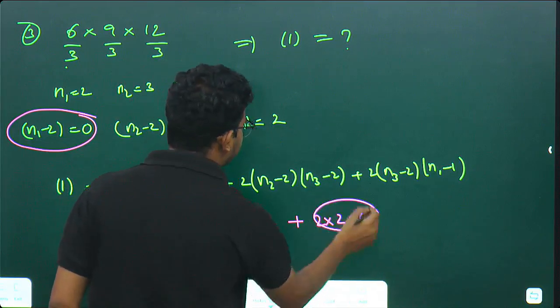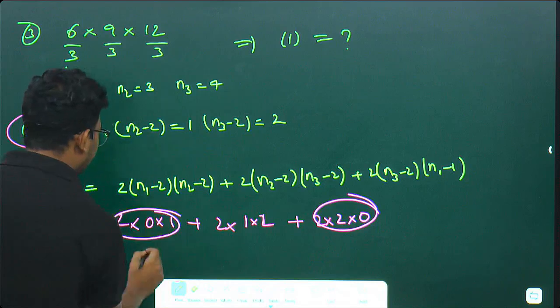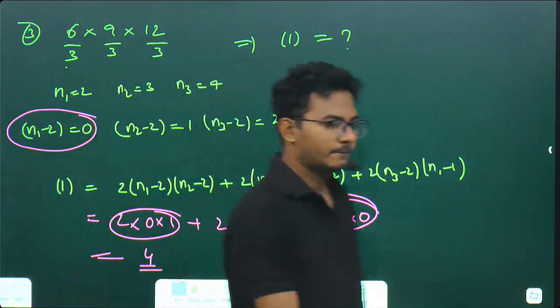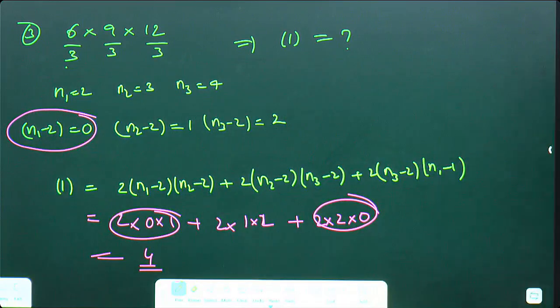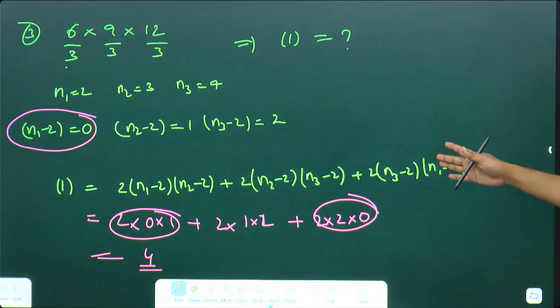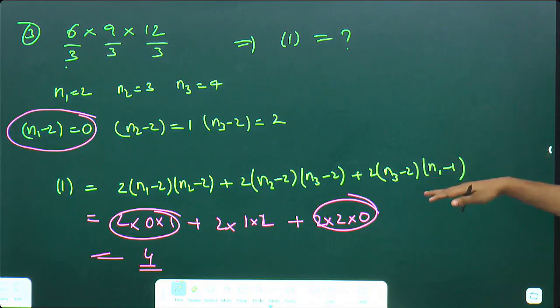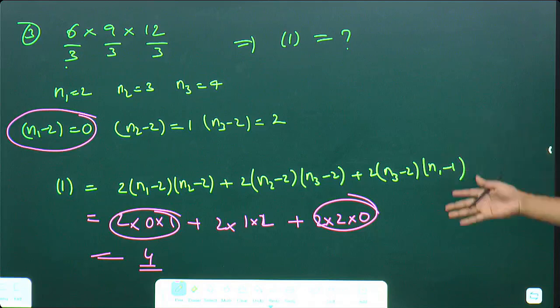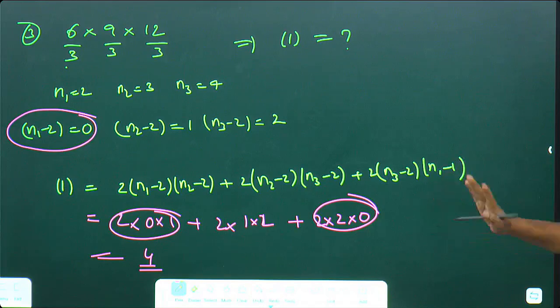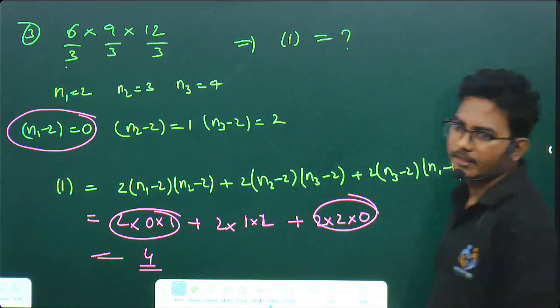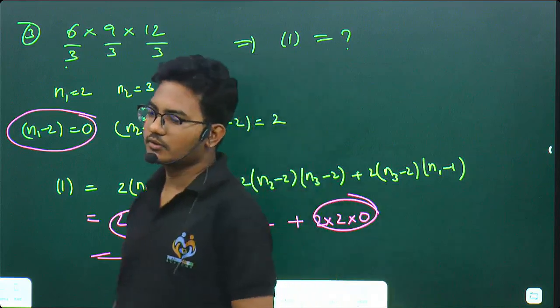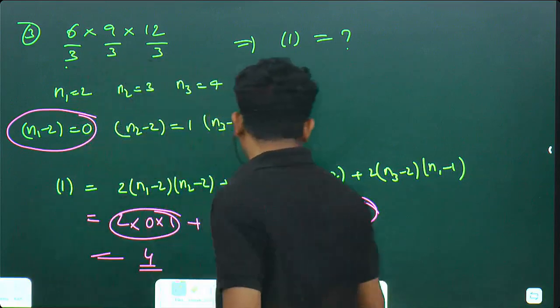So this will be 0 and this will be 0. The value left is the middle one. So see, this also I can do within 10 seconds. How? Simply I need to find out the value of n1, then n1 minus 2. If I do like that, then within 10 seconds this question will be solved. Yes? One more question for your practice.